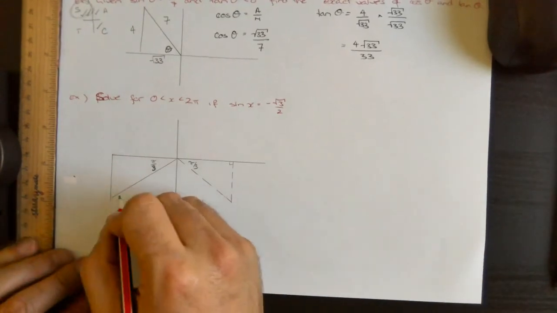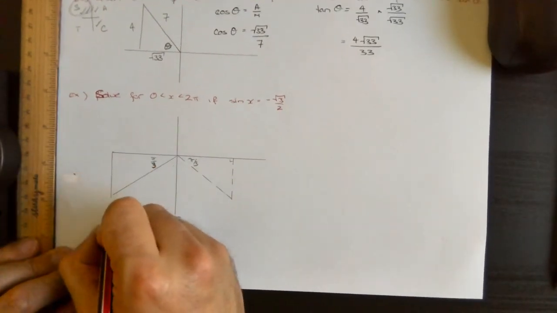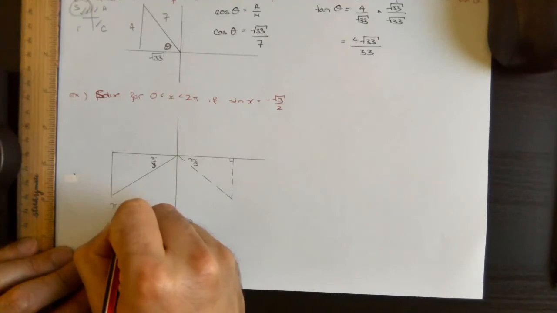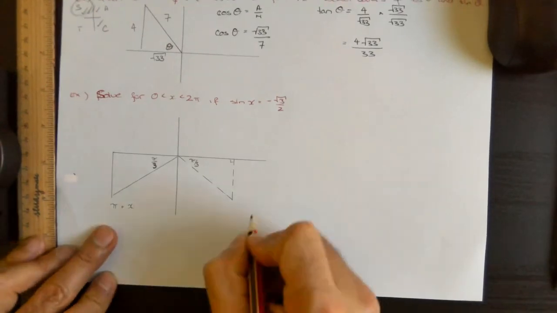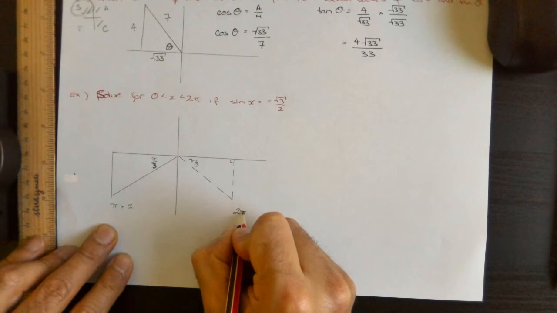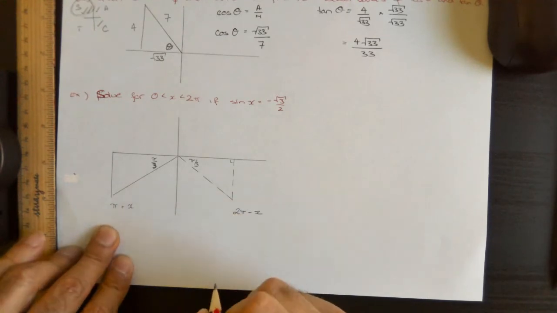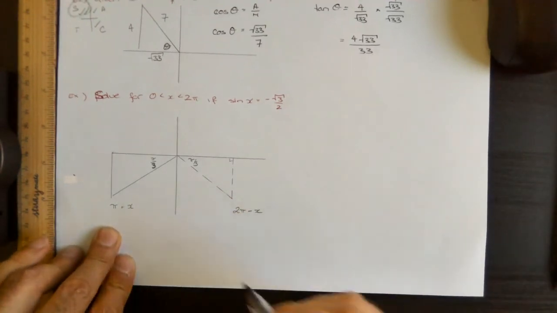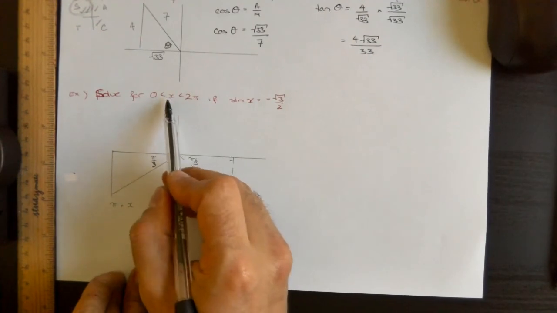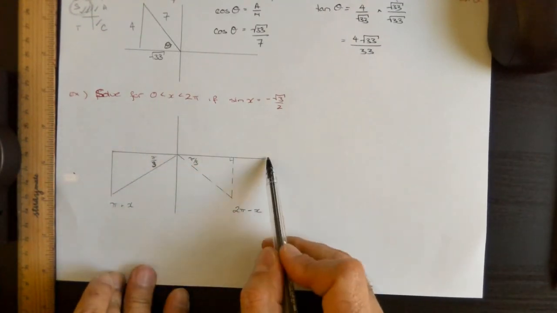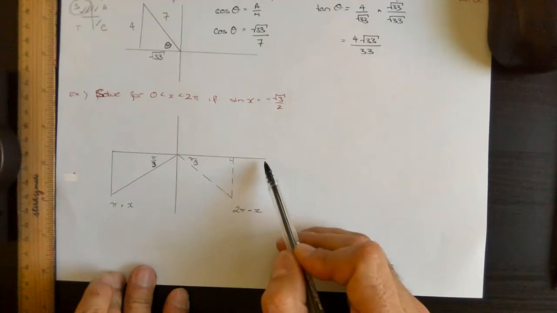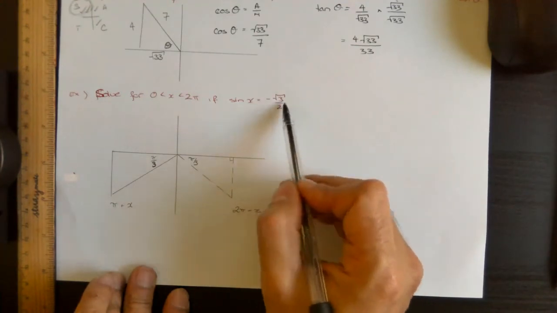So remember that this area here is pi plus x, and this is going to be 2 pi minus x. The reason is because we want to find the angle that happens between 0 and a full revolution, and this solution happens twice.